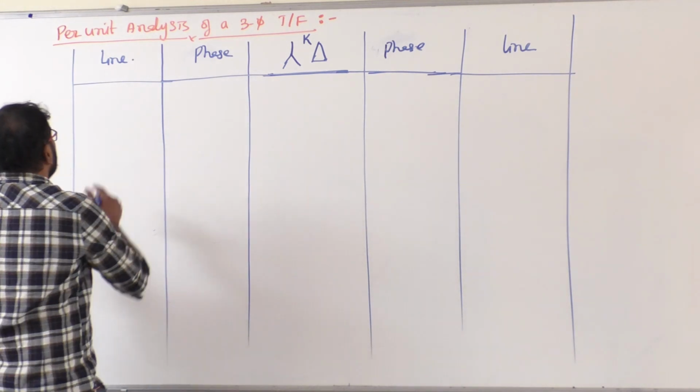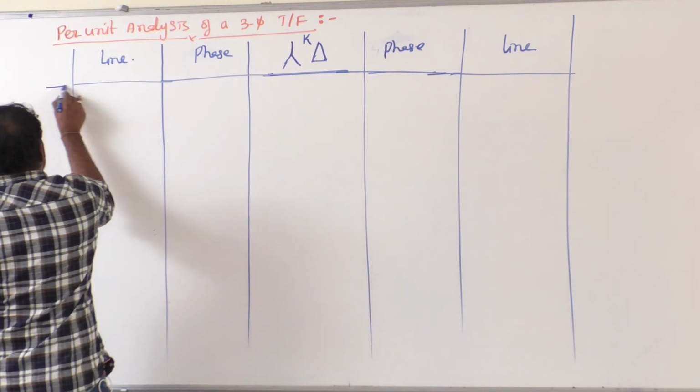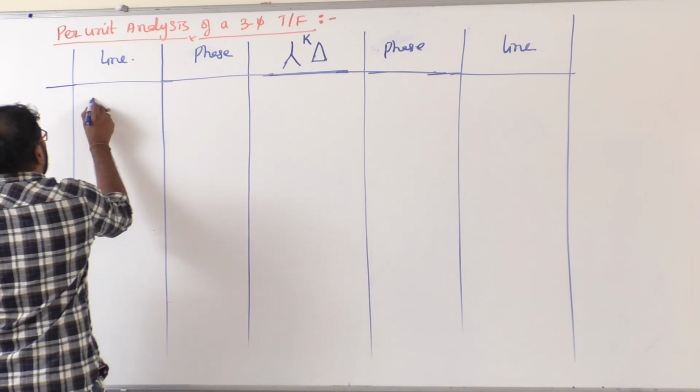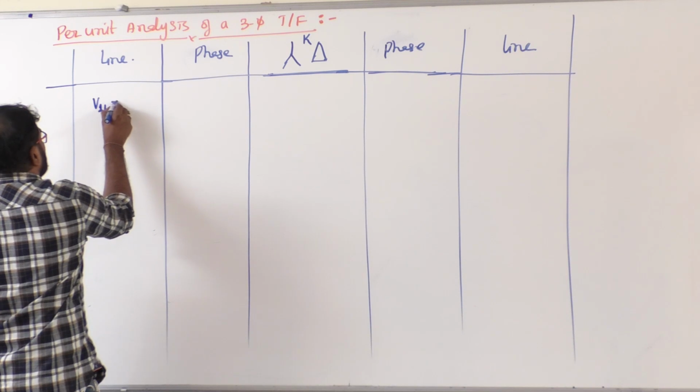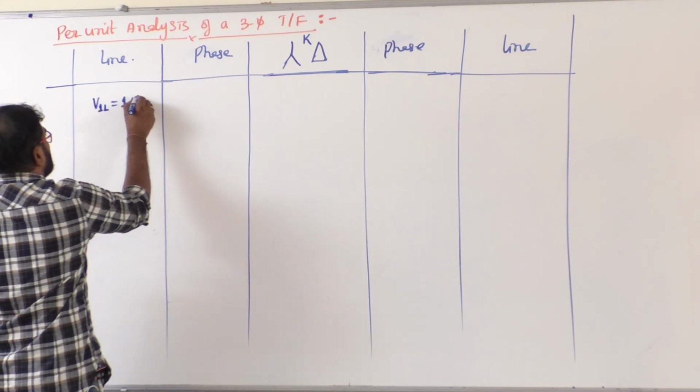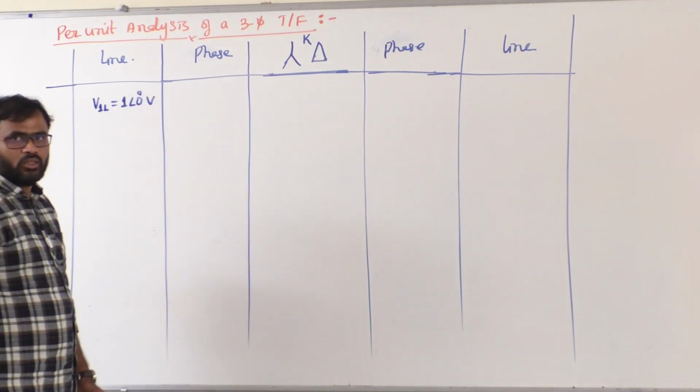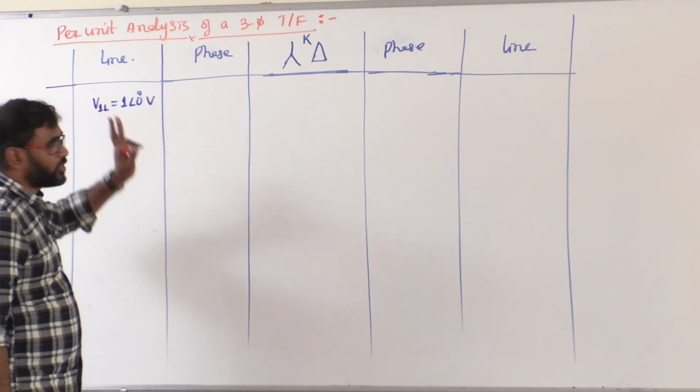First I will deal with the voltage. If the voltage in the primary is V1L, that is 1 at an angle 0 degrees volts, actual.